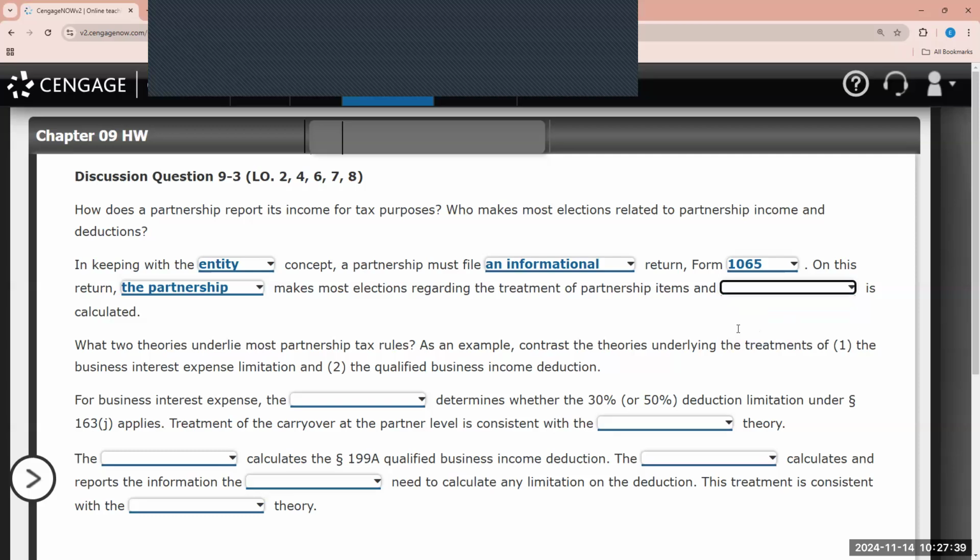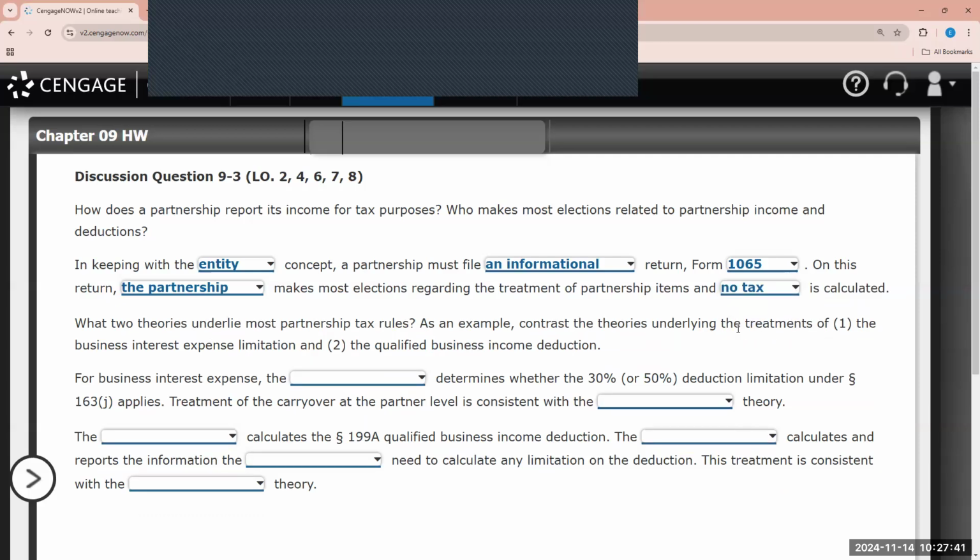And there's no tax calculated because, again, the tax is passed through to the partners, or the members if it is an LLC. There are some nuances where there's an exception if there's like a built-in gains property contributed to the partnership, but those are in certain rare cases. So there might be a partnership tax, but again, there are very limited situations where that would take place.